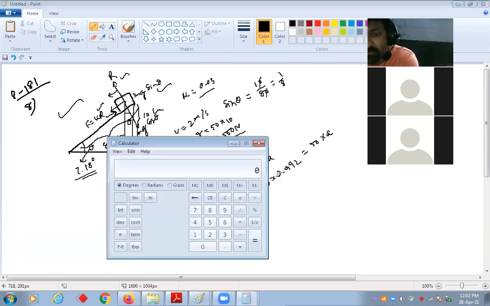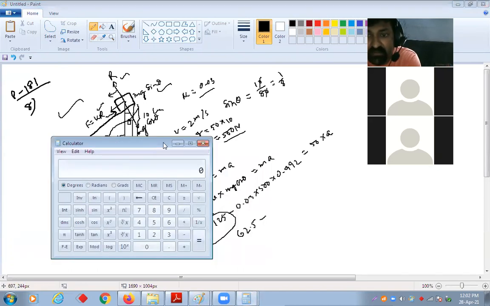Minus 500 into 0.992 into 0.03 is equal to how much? 14.88.